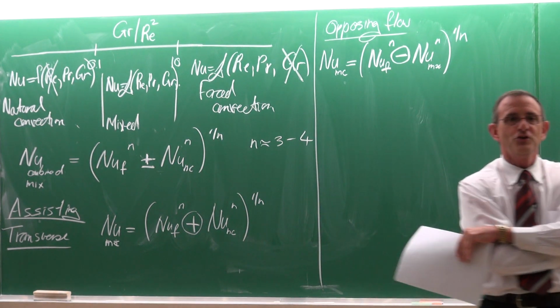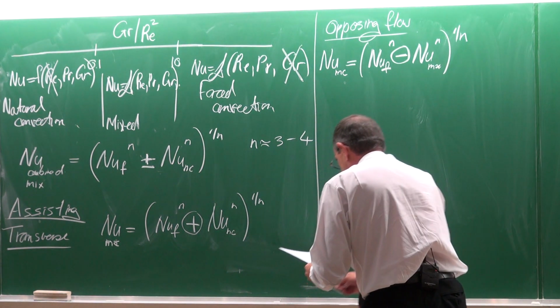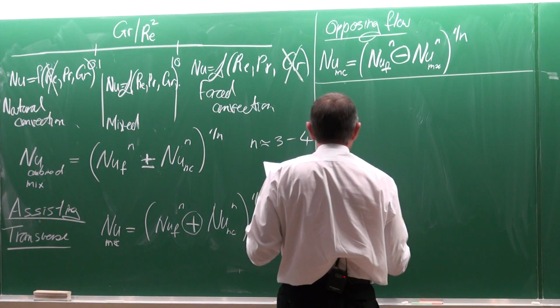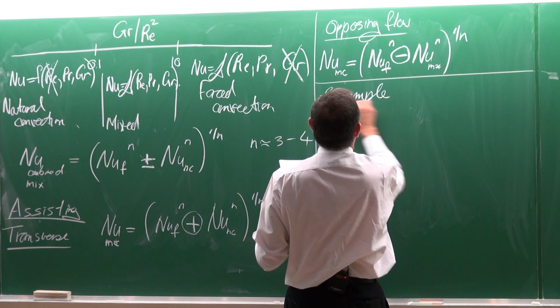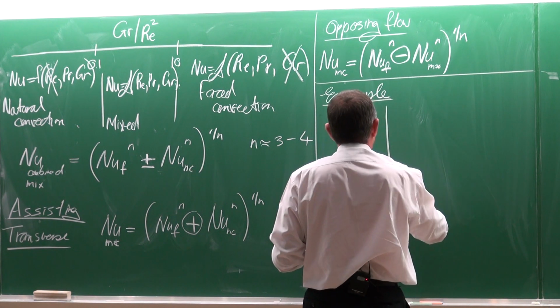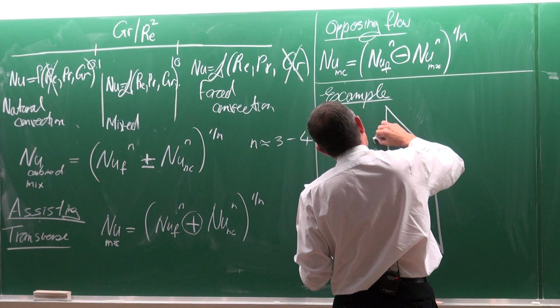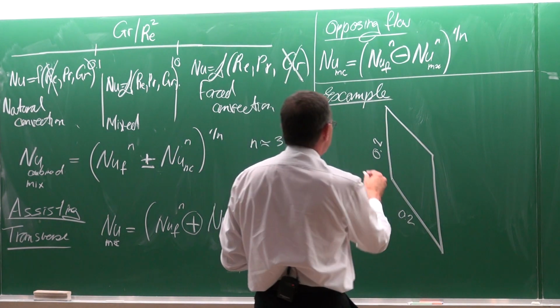Any questions on the theory part of mixed convection before we do an example? Nothing? Okay. So let's do an example. The example is going to be a flat plate, 0.2 meters by 0.2 meters, in a vertical position.